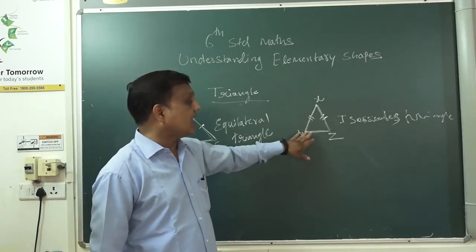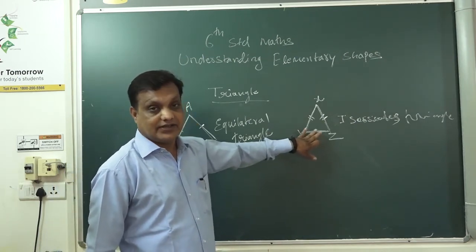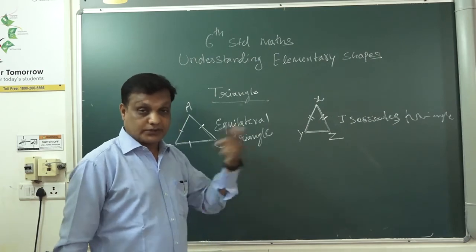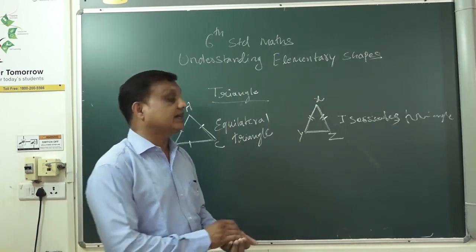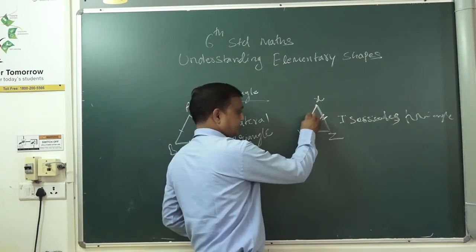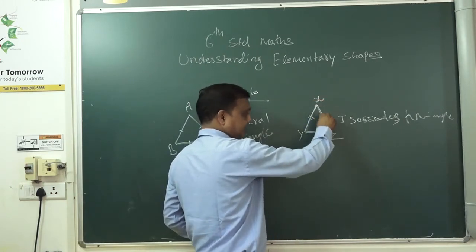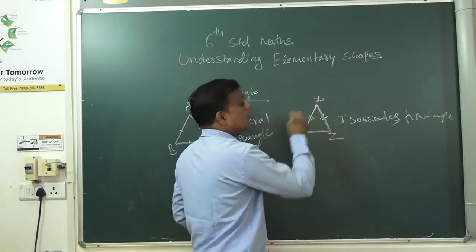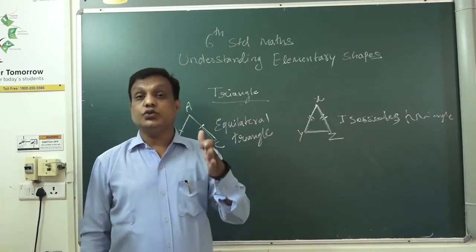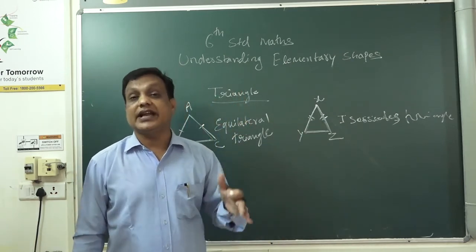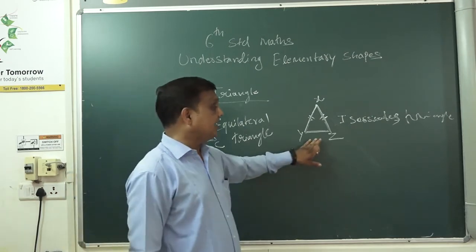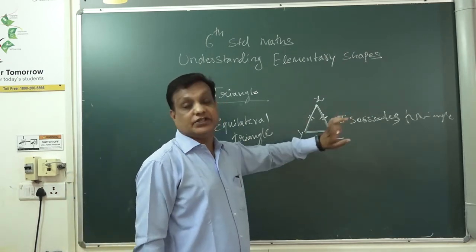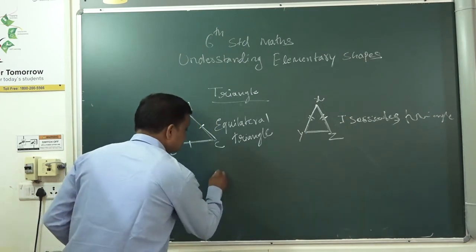Once again repeating, what I said before, that was scalene, it is not scalene, it is isosceles triangle. Please pay attention here. x y and x z, these two sides are equal. When any two sides of a triangle are equal and one side is different, that is called an isosceles triangle.